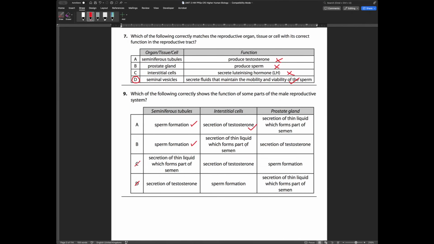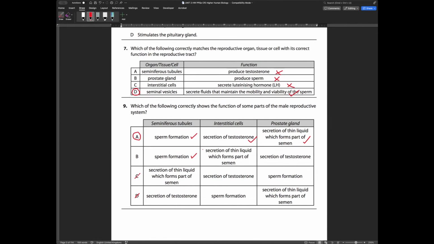And we know that this is wrong here as well. So we know our answer is going to be A before we even get to the final column. But as always, we should just check it anyway. Does the prostate gland secrete thin liquid which forms part of it? It does, okay? It secretes those fluids that maintain the mobility and viability of the sperm. That one's true, okay? And every other option there has at least one or two of those functions wrong for each of the parts.